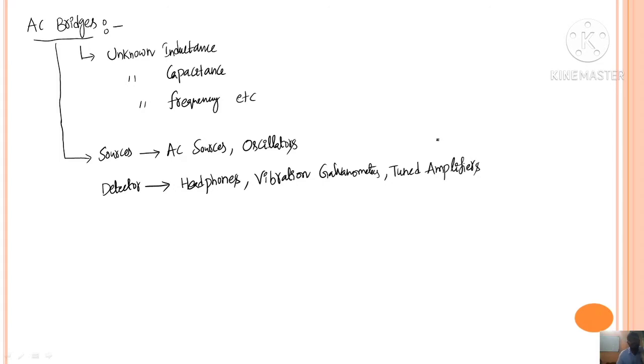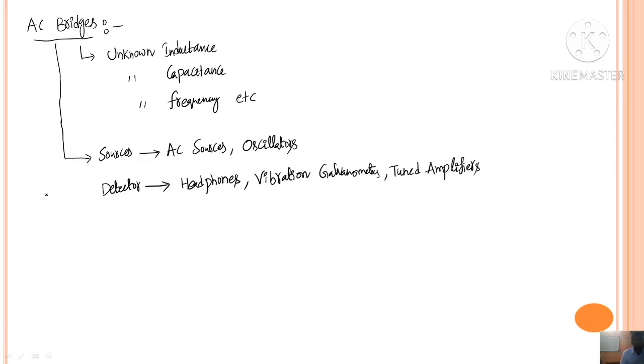In DC bridges, the source is a battery or a DC supply, whereas in AC bridges, the source is an AC source, and we generally prefer oscillators for the AC source if the frequency is in the range of kilohertz. And in DC bridges, the detectors are galvanometers, used as the null detector.